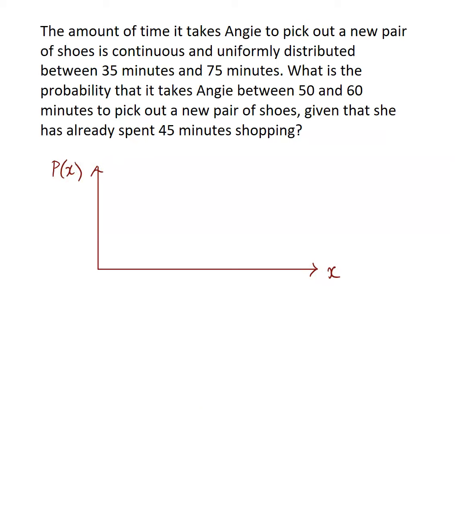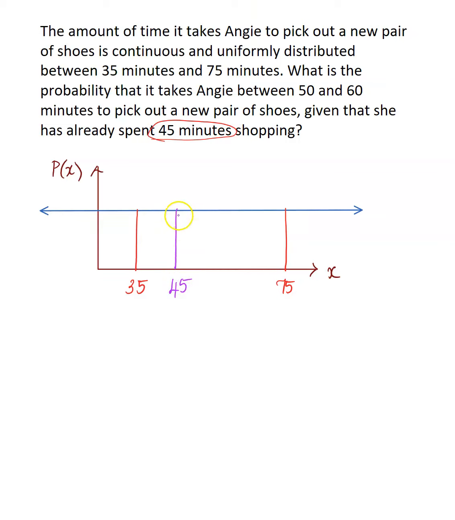I'm going to draw the horizontal line because it's a uniform distribution, and then I will say it goes from 35 to 75. That's the whole thing. But then I have the condition that she already spent 45 minutes shopping. So let's switch it to 40, 45.